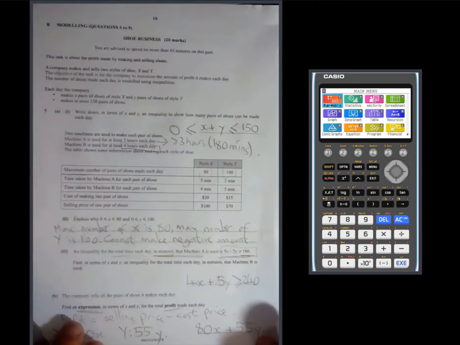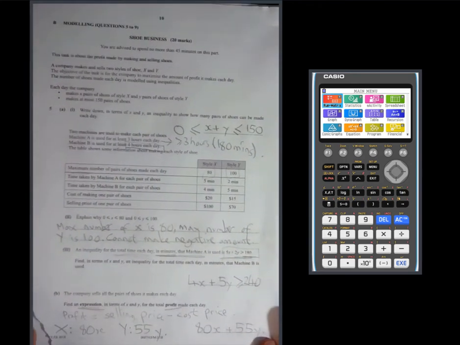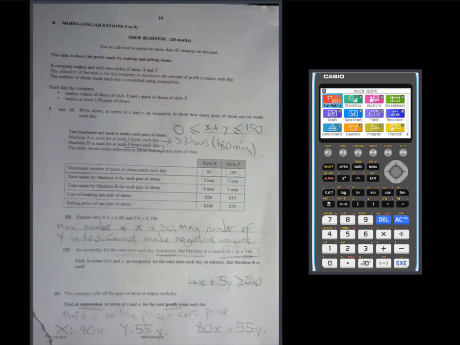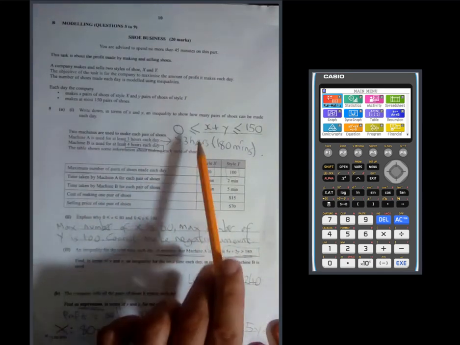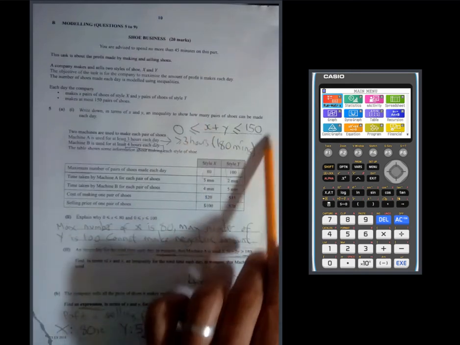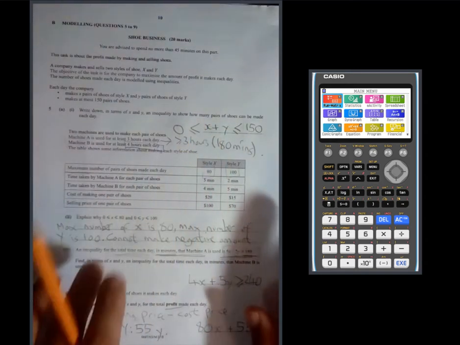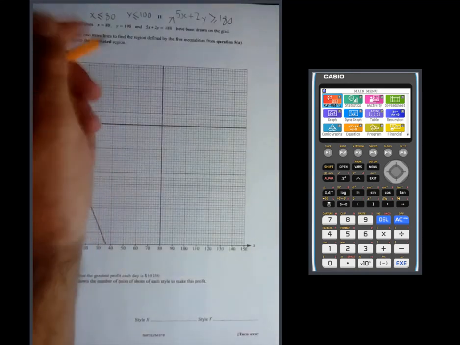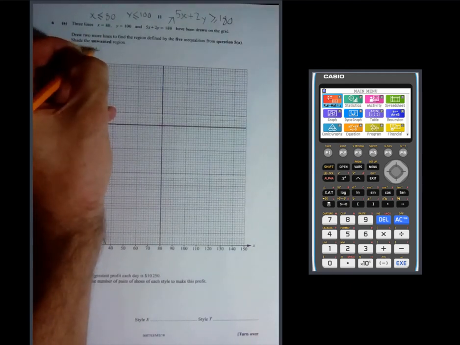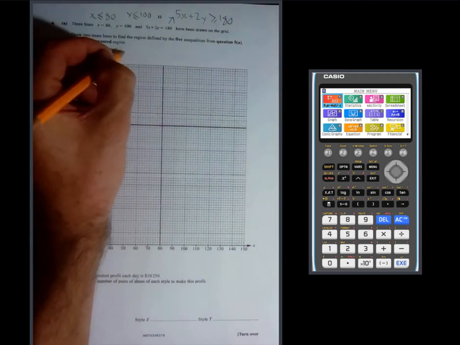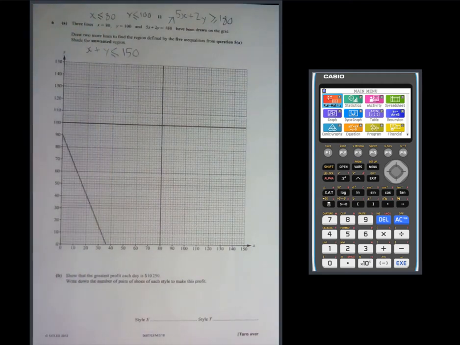So if we just go back, the 2 inequalities are, the one for total number of shoes, which was x plus y is less than or equal to 150. So we need to draw x plus y equals 150, and then we're going to shade the unwanted region.